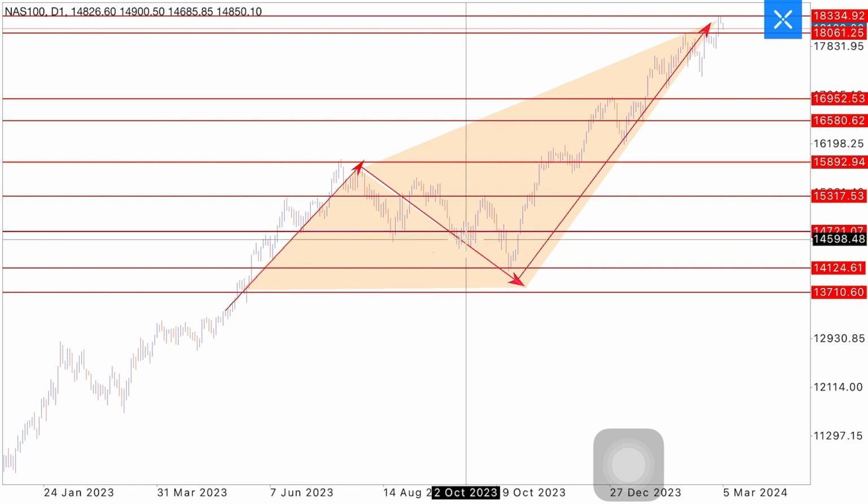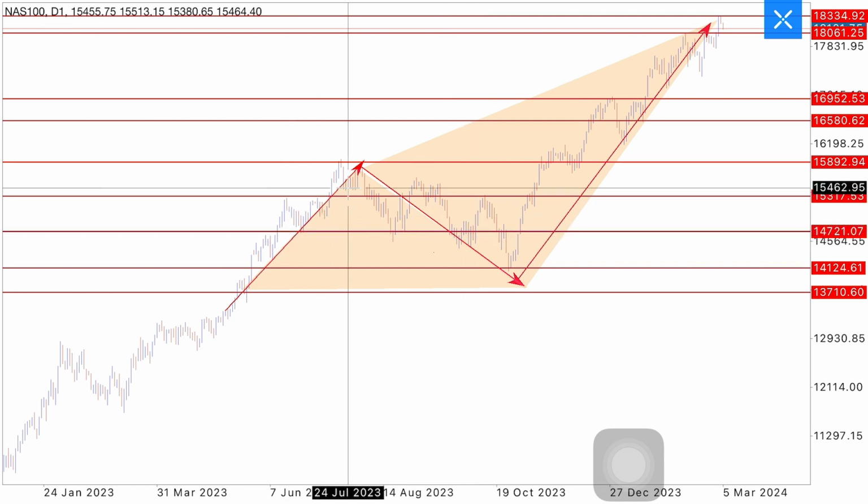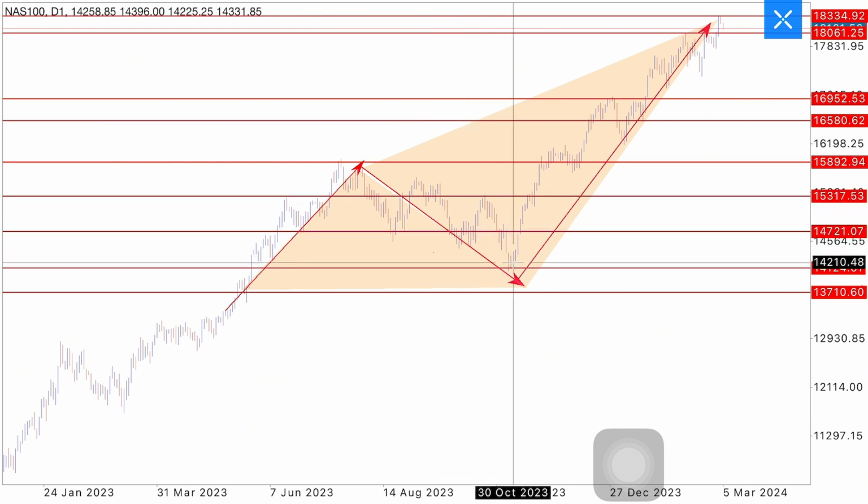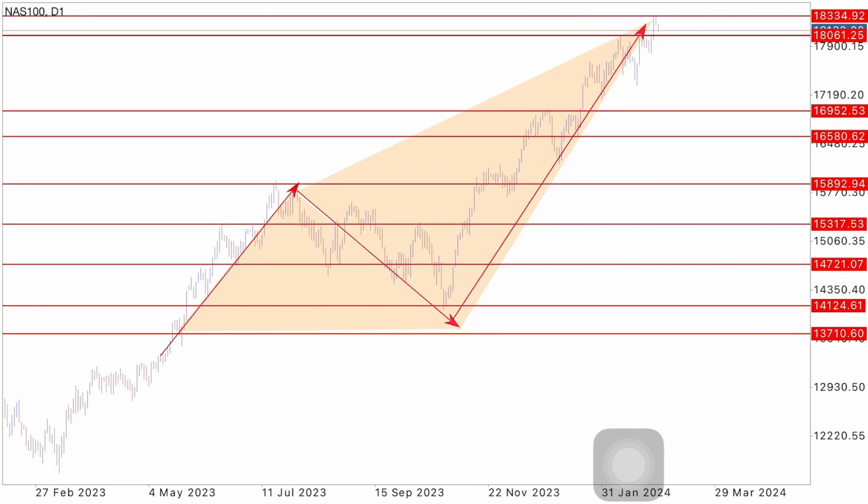However, it was not that much respected as an inverse head and shoulder. However, it came to the downside, tested this level here before continuing to the upside. Okay, so let me go to the 4-hour.